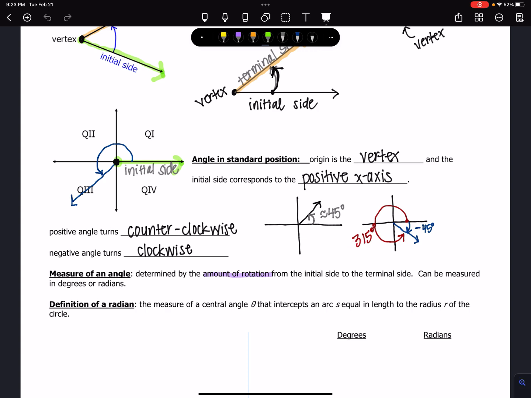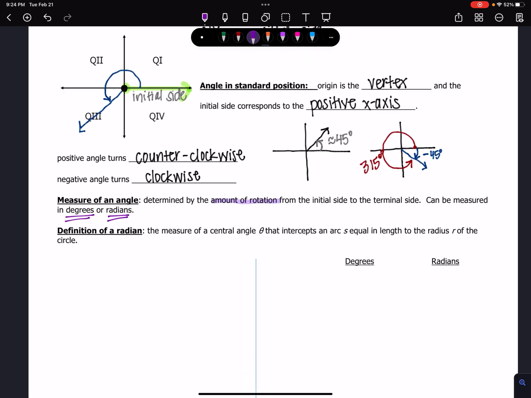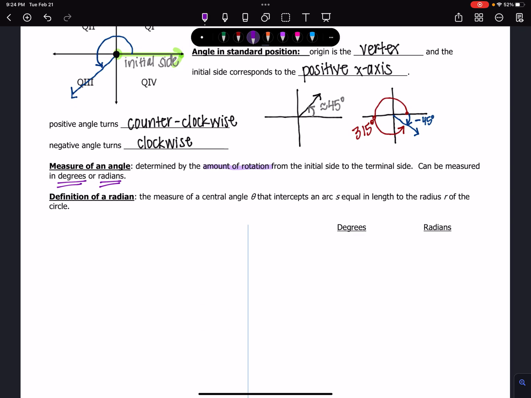So with degrees, this should make some sense because we're familiar with degrees. But an angle can be measured in both degrees or in radians. So what is a radian? Now, the definition of one radian.